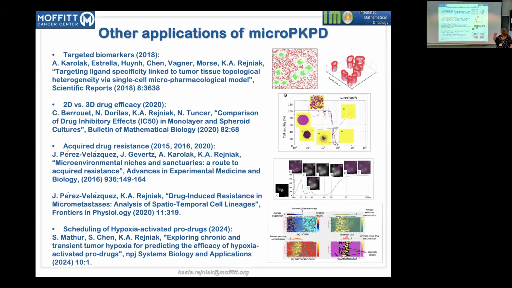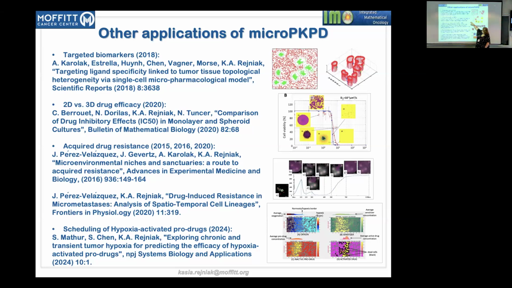Okay, so I show you the 3 examples. We use this kind of modeling in other areas, so if you are interested, I'm happy to talk after that. We looked recently at the hypoxia-activated products. We published a series of papers about acquired drug resistance with Judith, when we identified, more in the in vivo setting, areas where this acquired resistance can arise.